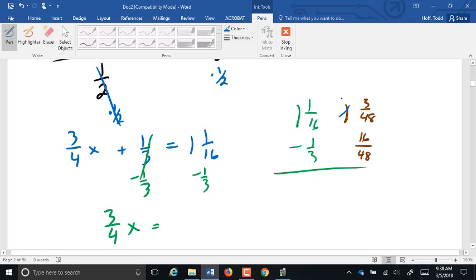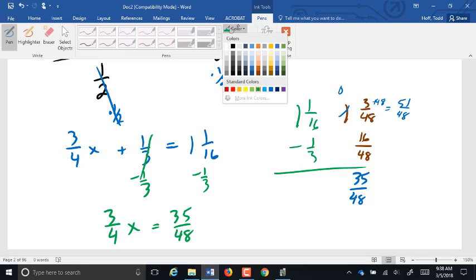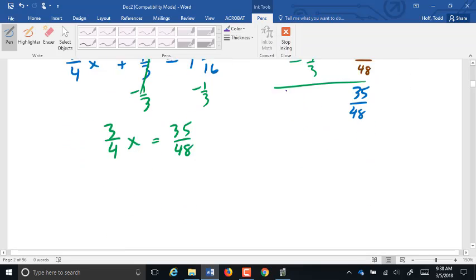We have to borrow from the 1, make that a 0. This becomes 51/48. Minus 16 is 35/48. So 3/4 x equals 35 over 48. And then we divide by the 3/4.